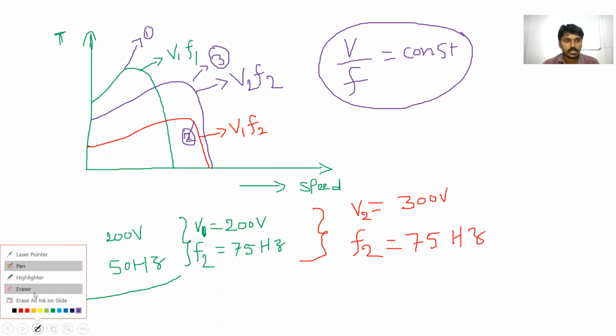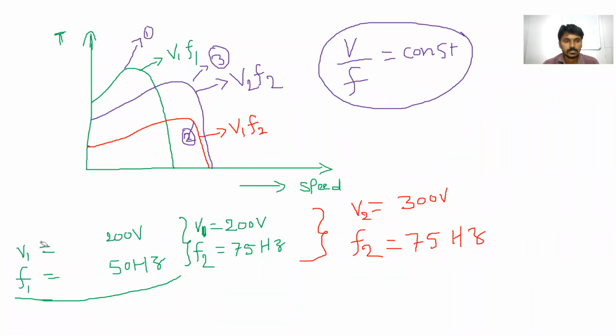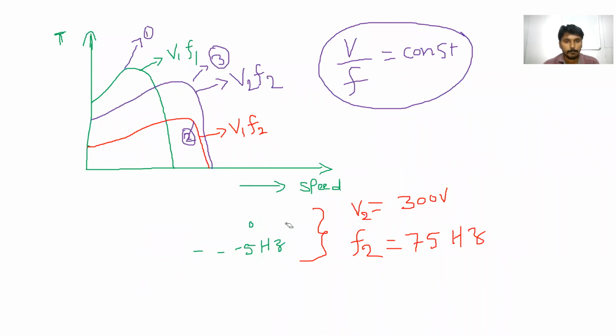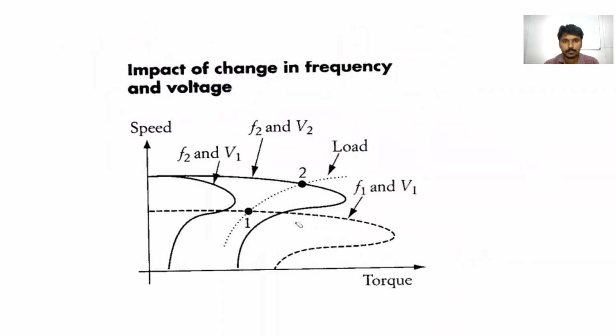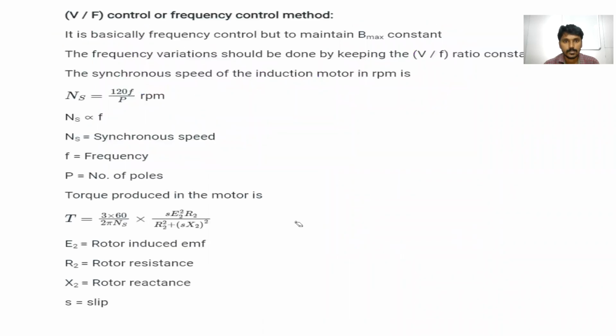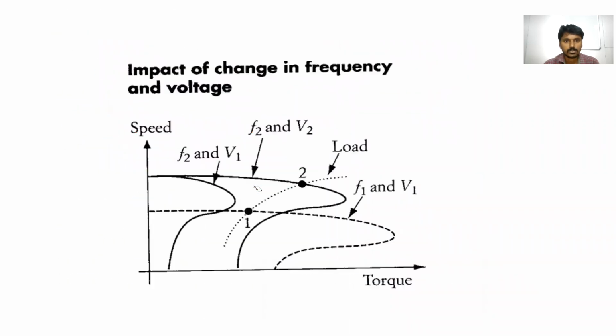And one more thing, see here. Why are we saying only up to base speed we can maintain the maximum torque or constant torque? Because, this graph we have shown here, this graph we discussed.